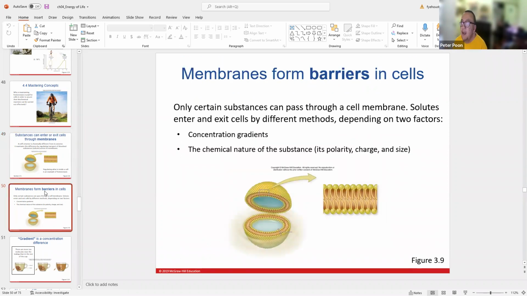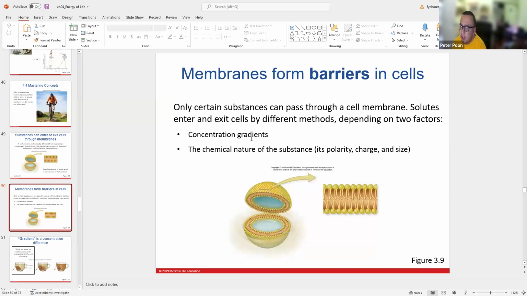So it does this by forming a barrier, right? Only when you have a barrier can you allow things to enter and exit. So the cell membrane, the phospholipid bilayer here, can allow things to go through or not, and that's dependent on two factors.